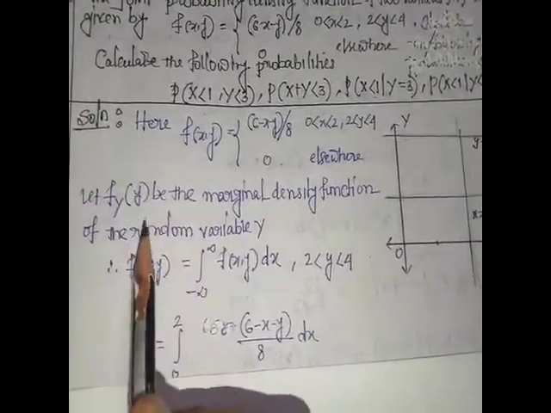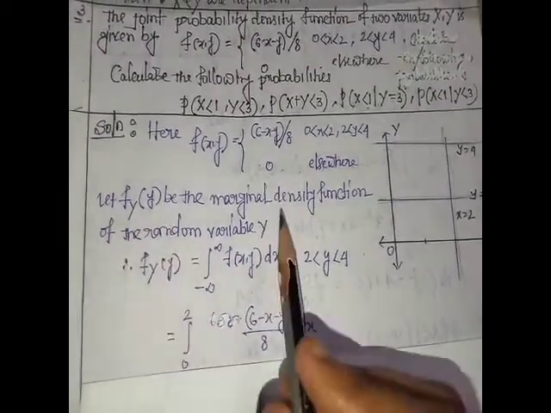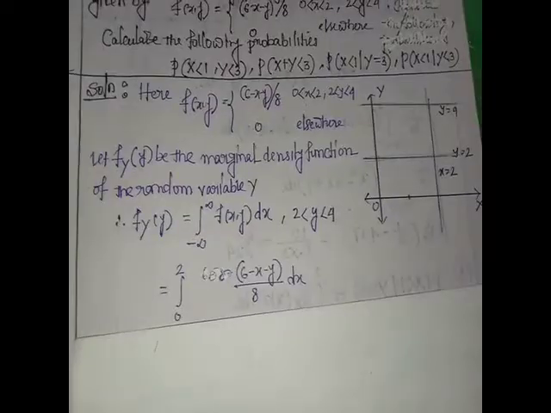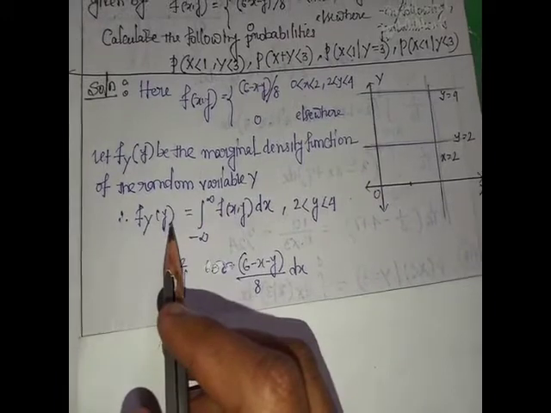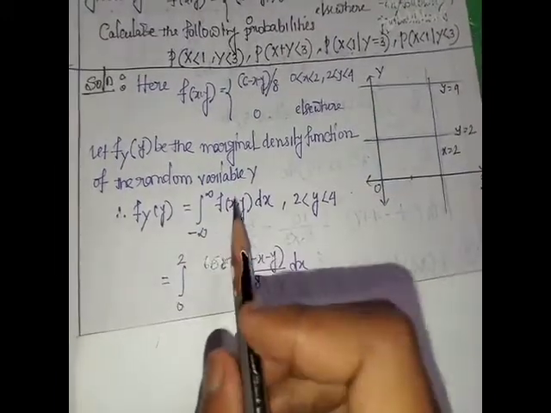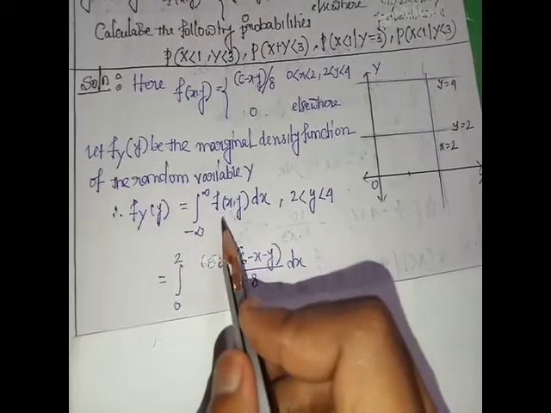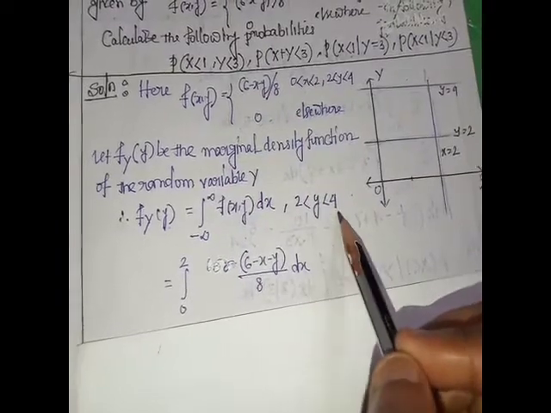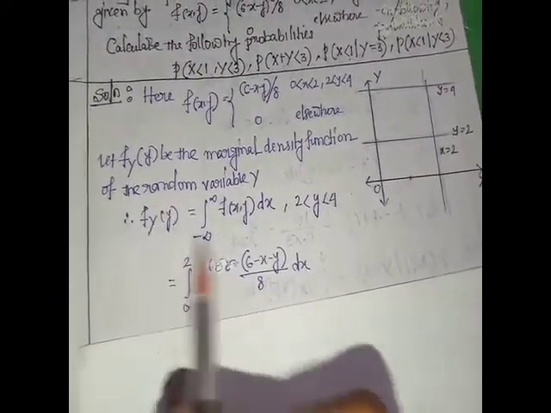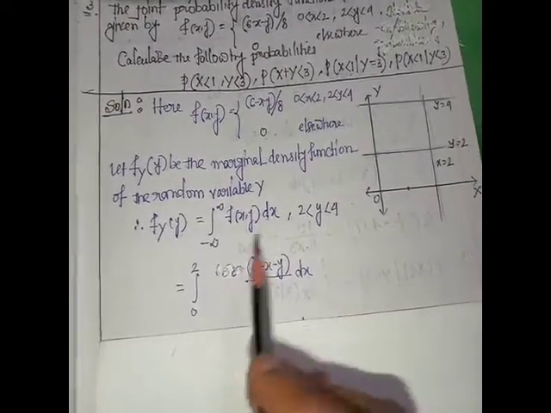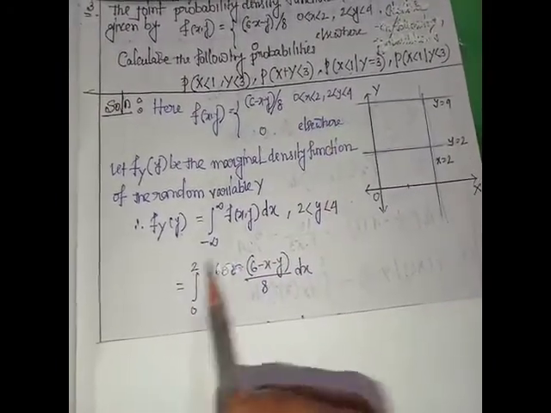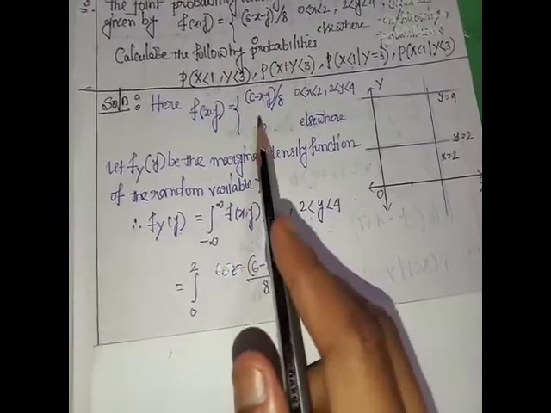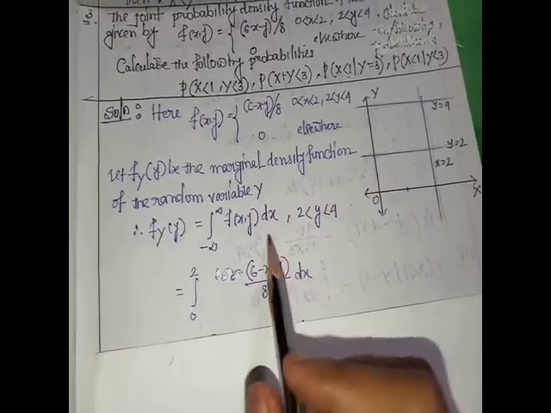Let f(y) be the marginal density function of y. The formula for the marginal density function of y is the integral from minus infinity to infinity of f(x,y) dx, where the range of y is 2 < y < 4. The range of x is 0 to 2, so we integrate (6 - x - y)/8 dx from 0 to 2.